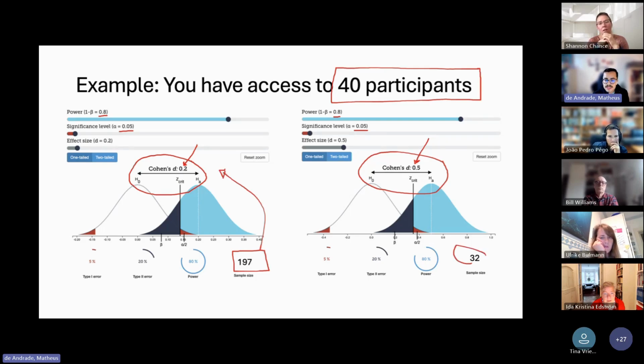If you look at this, you will see that for the same conditions, when you have a small effect size, it takes a very large sample to replicate. But when you have a large effect size, it takes a smaller sample to replicate, 32. So it is really important to report effect sizes because that will enable people coming after you to design their experiments well.